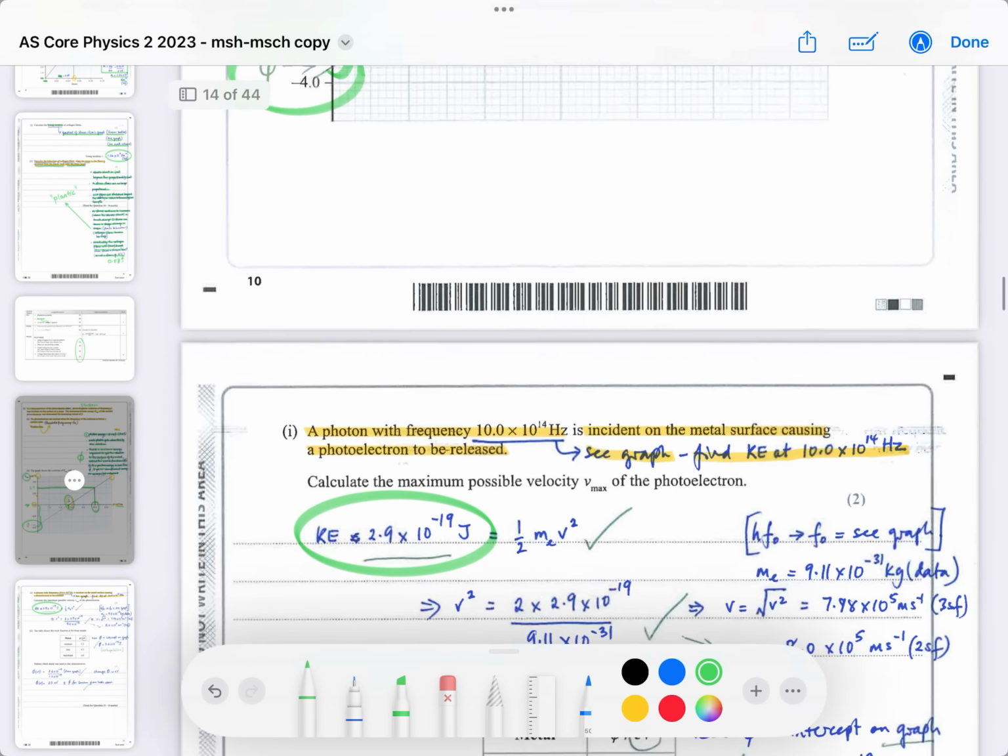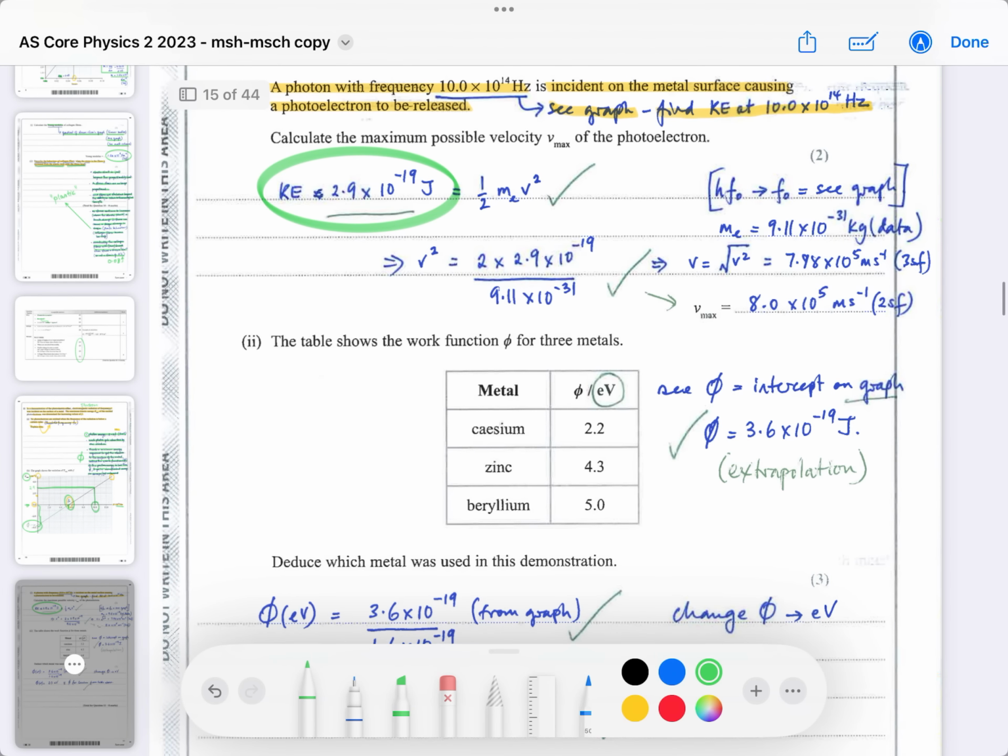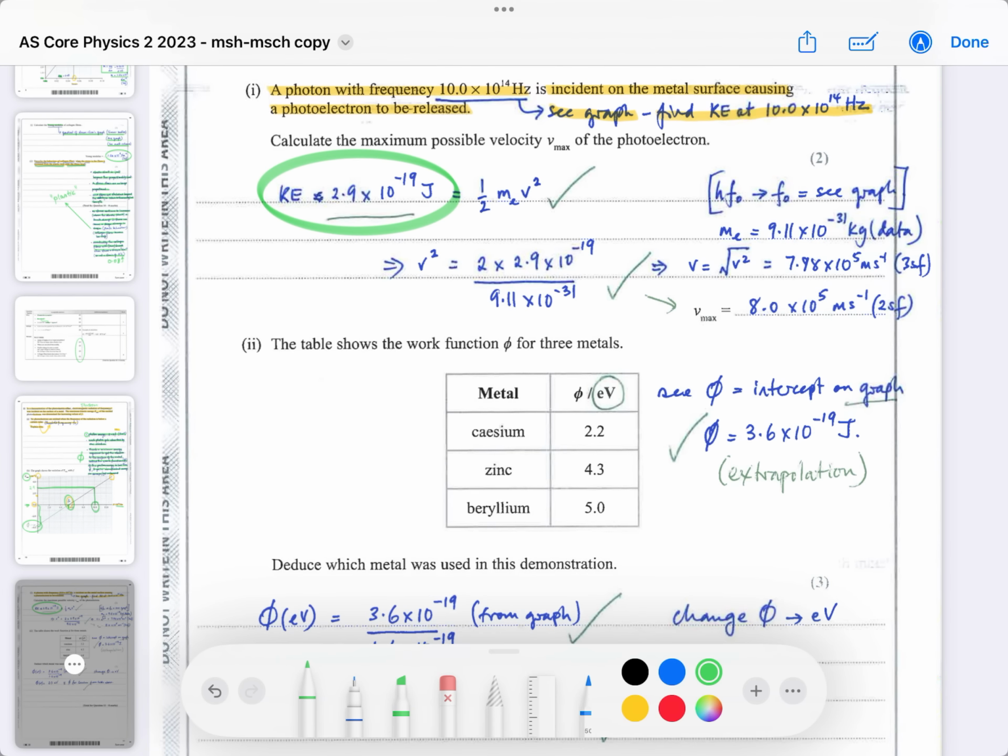Okay, back to the question. So we know the kinetic energy for the 10 times 10 to the 14 hertz photons gives this energy, and we also know that the equation for kinetic energy is half mv squared. And you can get the mass from your data sheet.